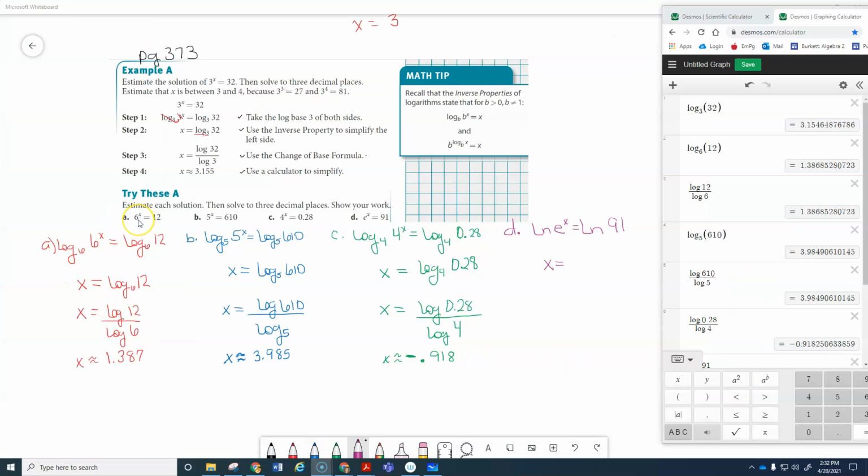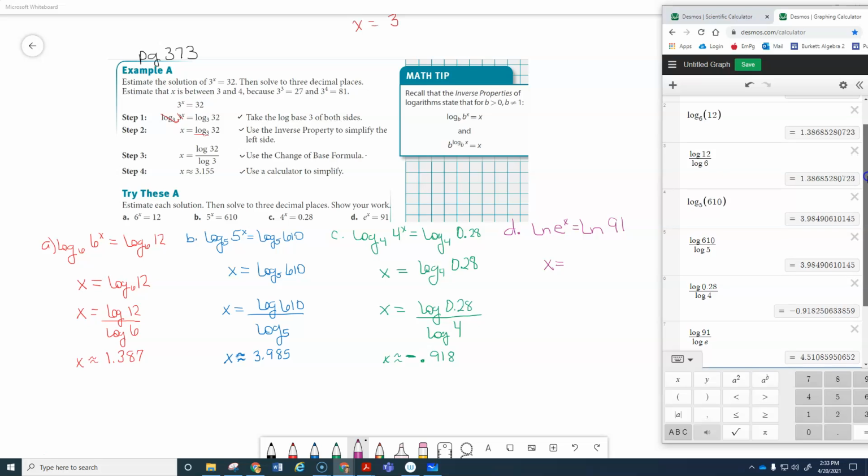So I worked all of these out. You can check your answers. I went ahead and did the change of base formula each time, although you'll see over here on the calculator screen, line number 2 is where I typed in log base 6 of 12, and then line number 3 is where I typed in common log of 12 divided by the common log of 6.